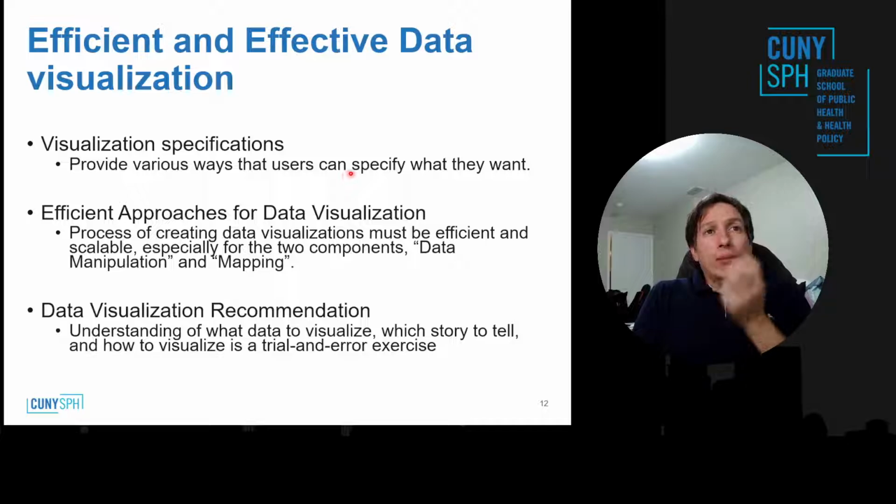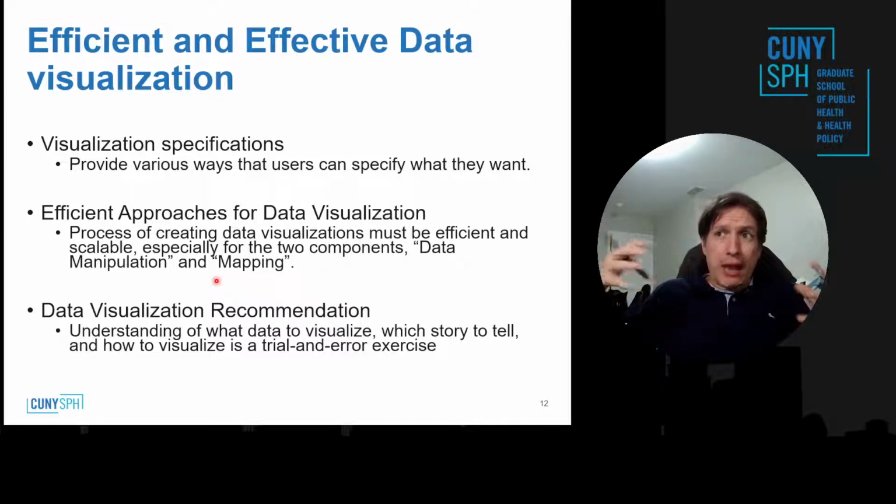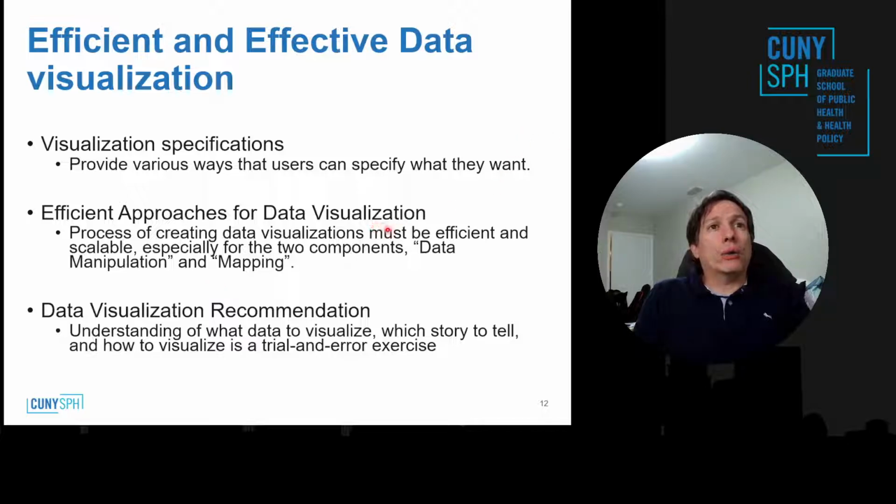And if we want efficient approaches for data visualization, then those processes need to be efficient. That means we use the fewest resources and the least visual space needed to convey the information, and be scalable. If the data grows, we need to be able to expand with the data and be adaptable. The two most important steps of the pipeline affected by efficiency are manipulation and mapping.